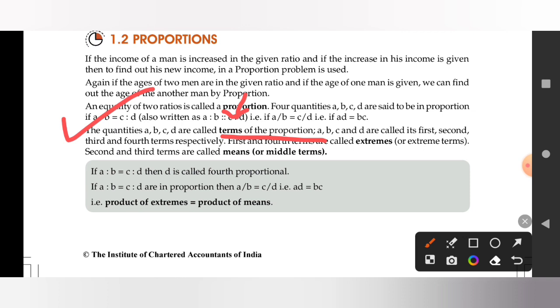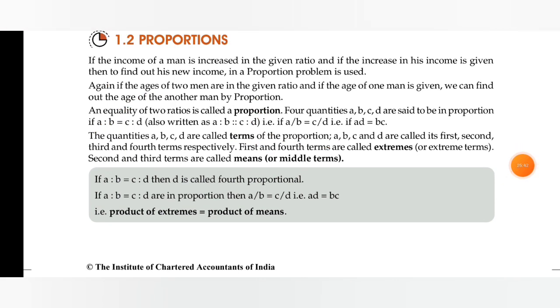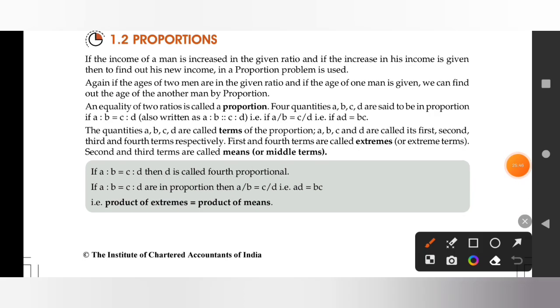But now in the proportion unit, the terms of proportion are A, B, C, D. A is called the first term, B is called the second term, C is called the third term, and D is called the fourth term.